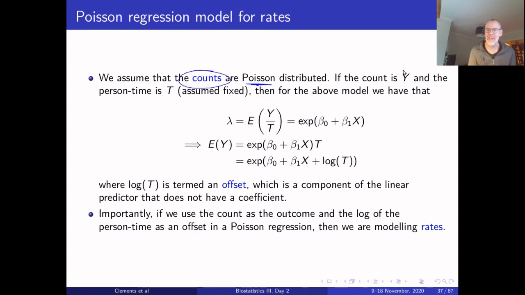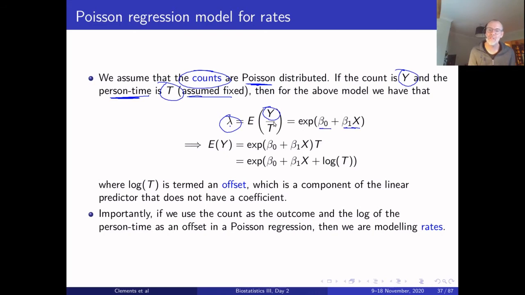Now, if the count is y and the person time is t, and in this case t is not a variable, it's just meant to be the observed person time, which we're assuming is fixed, then for the above, we have that the modeled rate, the expected value of y, the observed count, divided by t, the observed person time, is equal to the exponential of beta naught for the intercept term plus beta 1 times x.